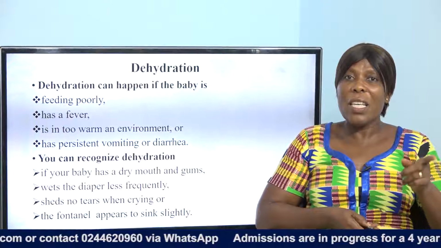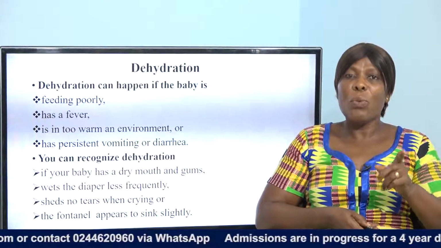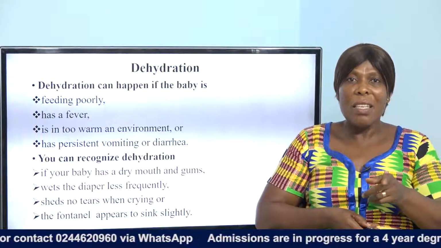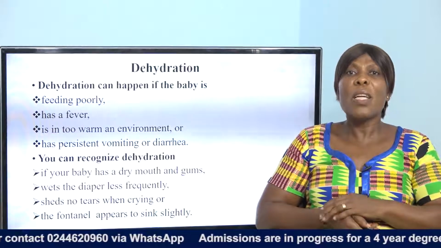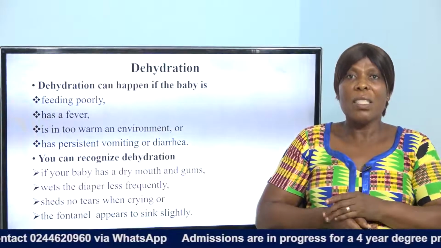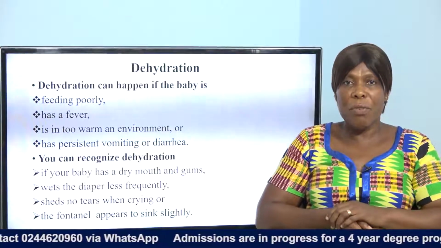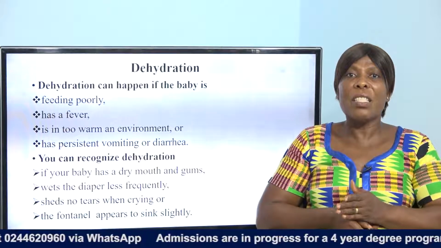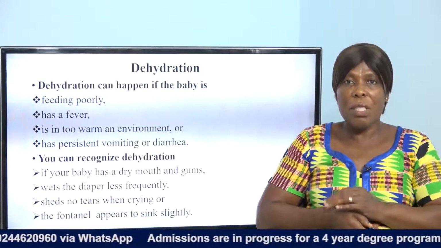We did this one in our previous lesson when we were looking at how we prevent heat loss in the child. Also, when the child is having persistent diarrhea or vomiting, the child will be dehydrated. So we recognize dehydration in these various forms.